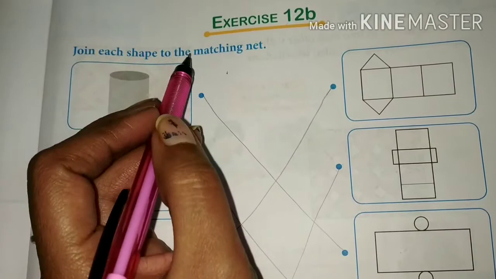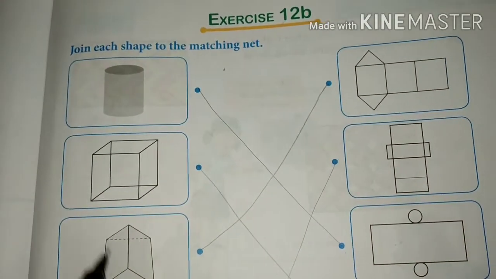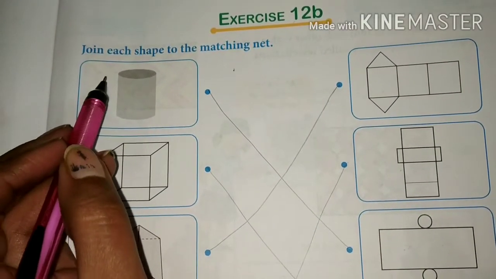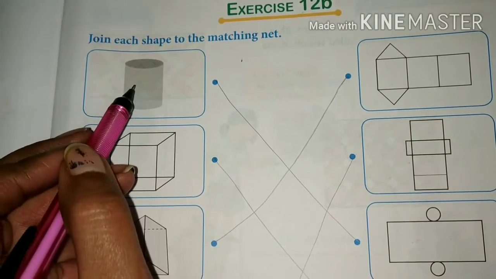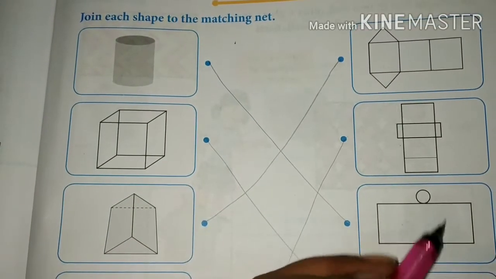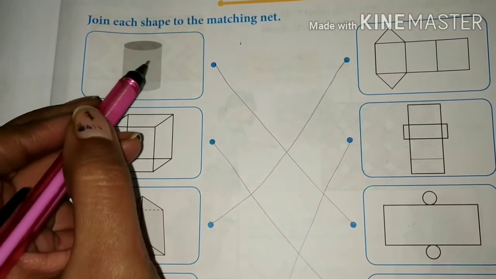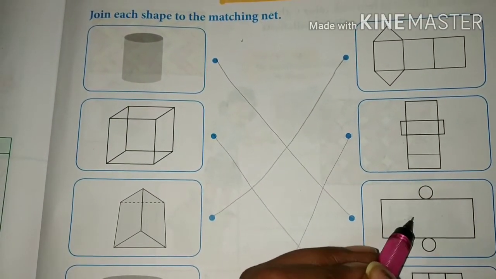Students, in this question, we have to match each shape with its net. Now students, look at this shape. This is a cylinder and the net of a cylinder is this. So we will match cylinder with this net of a cylinder.